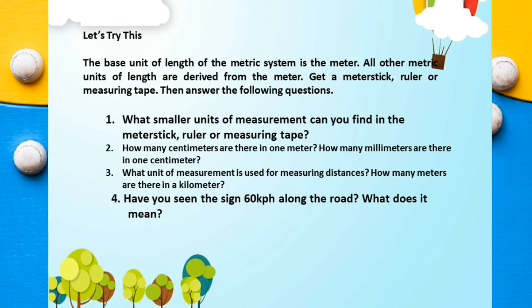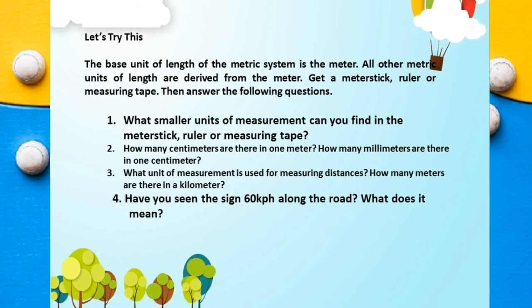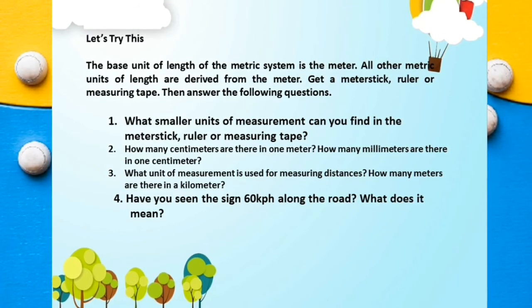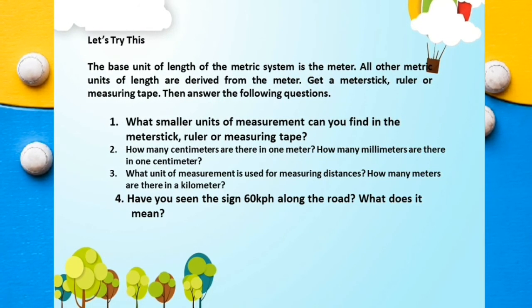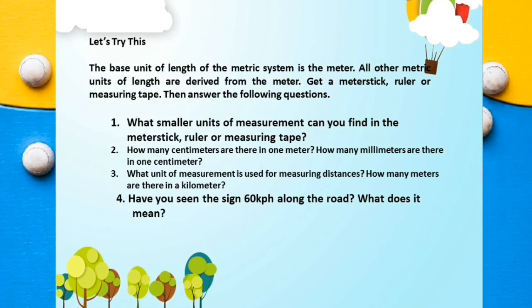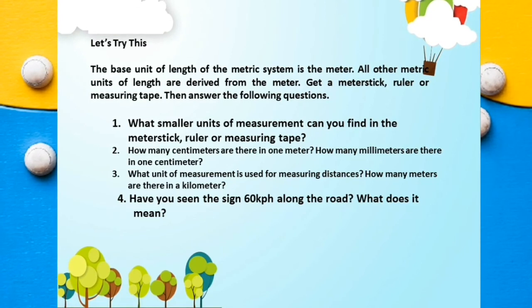Number 2, how many centimeters are there in 1 meter? How many millimeters are there in 1 centimeter? Number 3, what unit of measurement is used for measuring distances? How many meters are there in a kilometer? Number 4, have you seen the sign 60 kph along the road? What does it mean? Okay, so feel free to answer this.